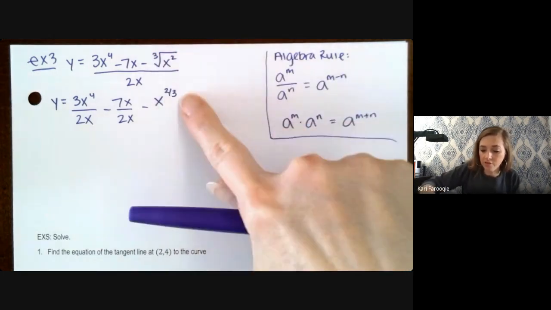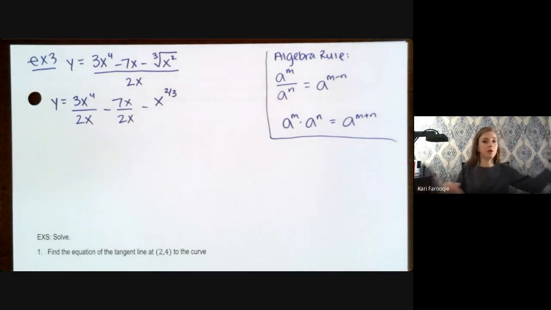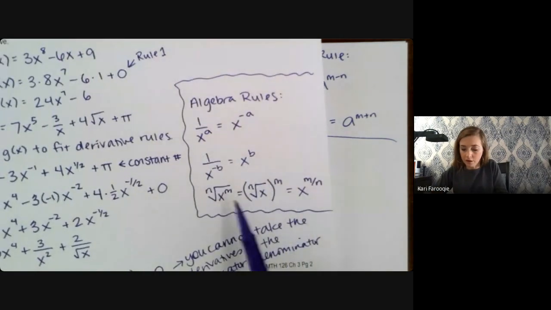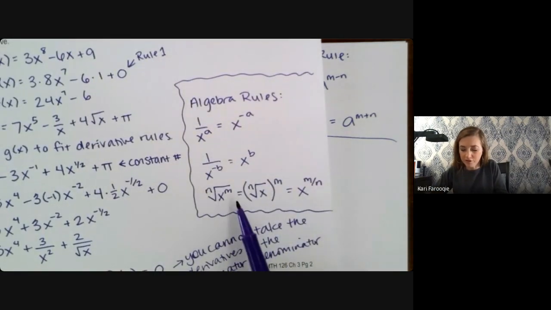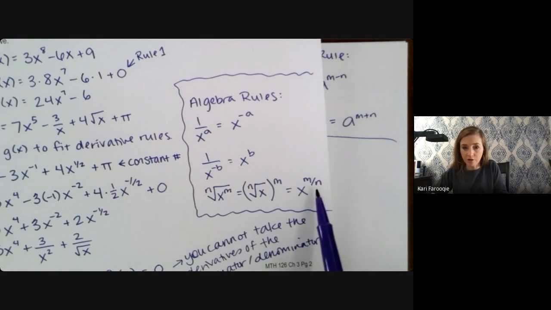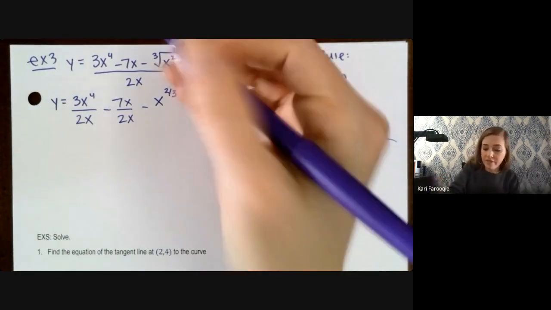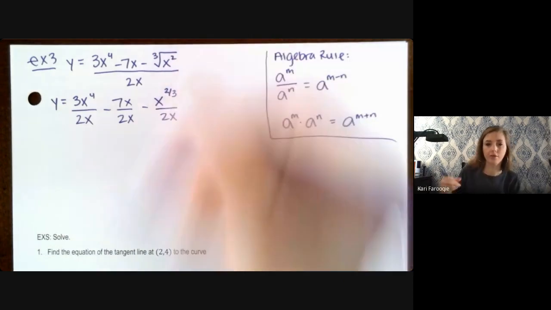Remember that your index is always going to be the denominator. So thinking back to this rule that I gave you, if you have the nth root of x to the m, that n is going to go into the denominator, and the exponent is going to go in the numerator. So that's x to the 2/3 power. And this is going to get divided by 2x.